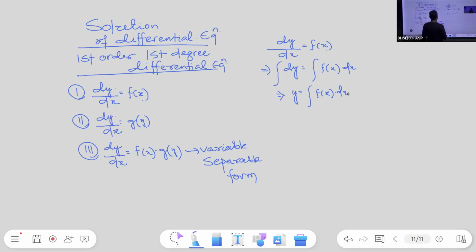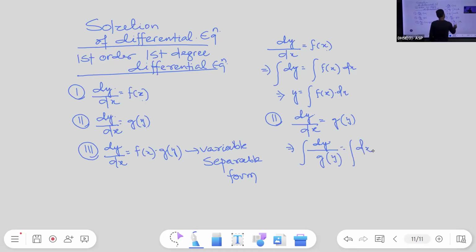Then the second form, dy upon dx is equal to g of y. This implies integral dy upon g of y is equal to integral dx. So x is equal to integral dy upon g of y.